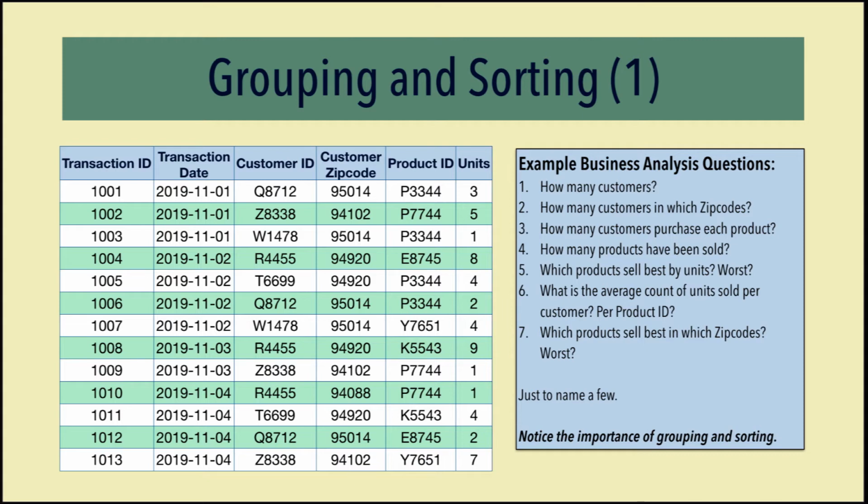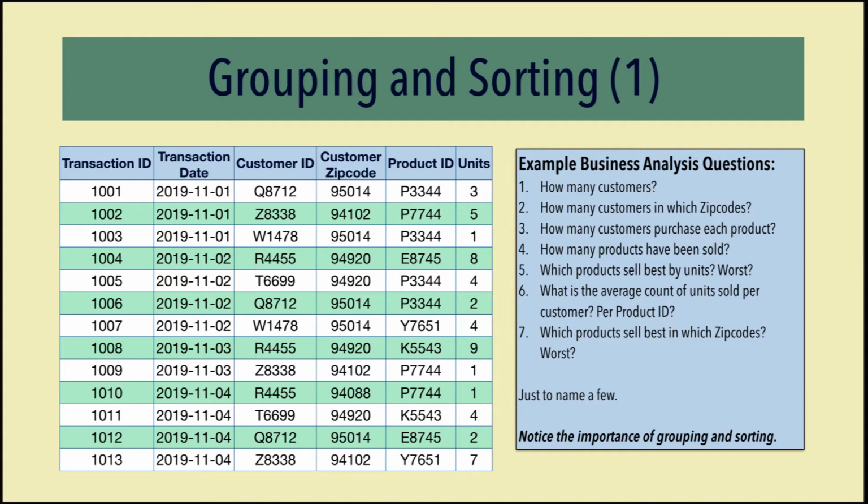So we might have some key questions. How many customers were there during this period of time? How many customers are within which zip codes? How many customers purchased each product? That would be a count of customers. How many products have been sold? That's a quantity.